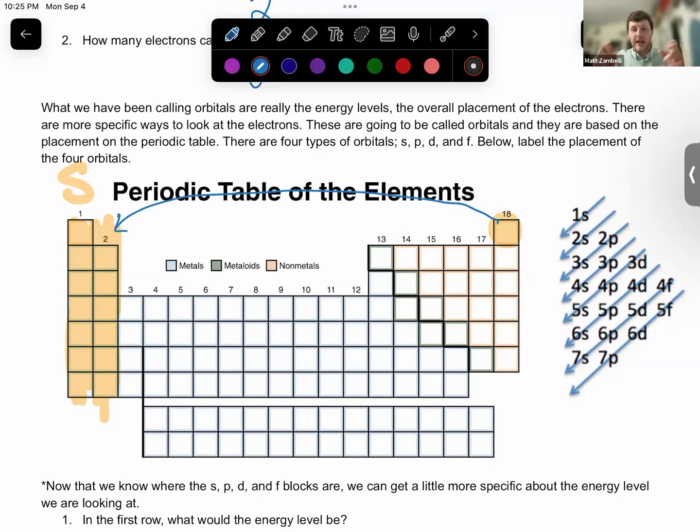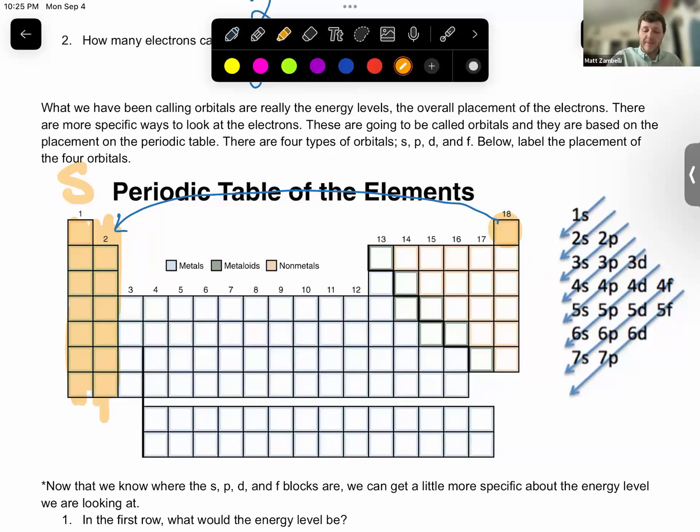Okay, so technically it belongs next to hydrogen when we're talking about energy levels and this electron configuration. All right, it has the same kind of information as the rest of our noble gases, which is why we keep it in column 18. But in terms of our electron configuration, it does belong with hydrogen.